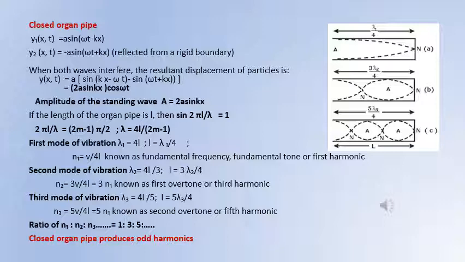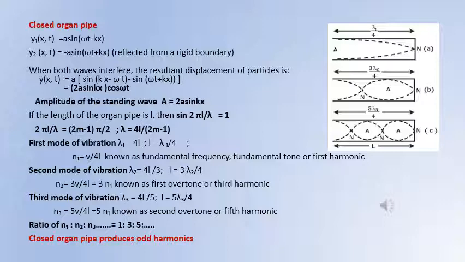In the second mode of vibration, taking m as 2, we get lambda 2 as 4L by 3, and the frequency is 3v upon 4L, which is 3 times n1, that is 3 times the first mode of vibration. This is known as first overtone or third harmonic.